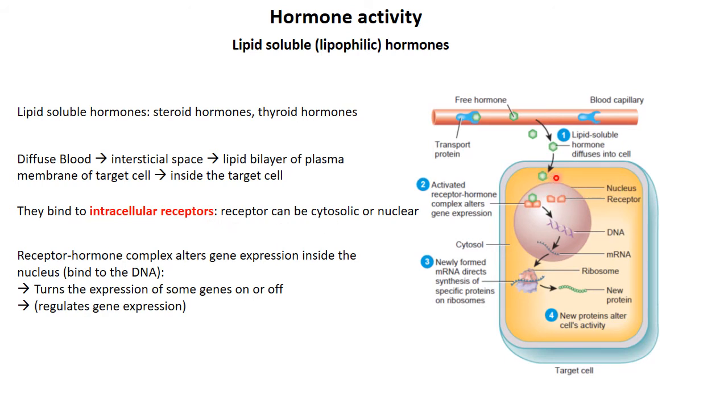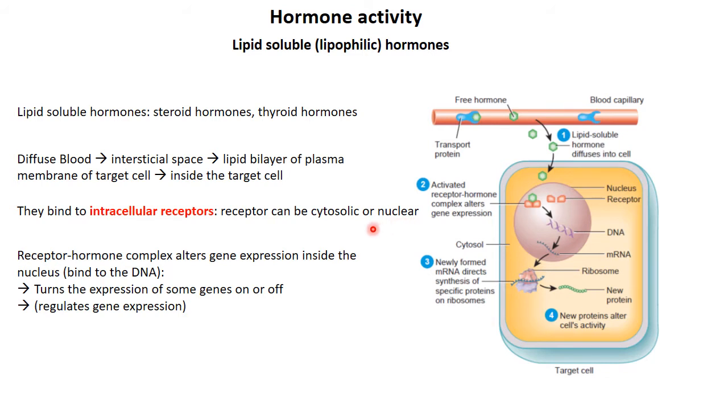So the molecule will go in the cell, and if it finds its receptor in the cytoplasm, it will bind to its receptor in the cytoplasm, and if its receptor is nuclear, it can diffuse into the nucleus, and then it will bind its receptor. So those lipid-soluble hormones have intracellular receptors, and those receptors can be cytosolic or nuclear.